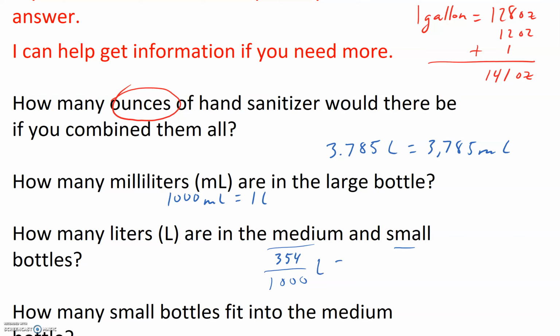That's how many liters there are. If I put that in a decimal, 0.354 liters. All right, let's go green. I thought I changed the color earlier, but I didn't. Small, there was 29 milliliters. Divide that by 1,000. That means there's 29 thousandths of a liter. All right, there you go.